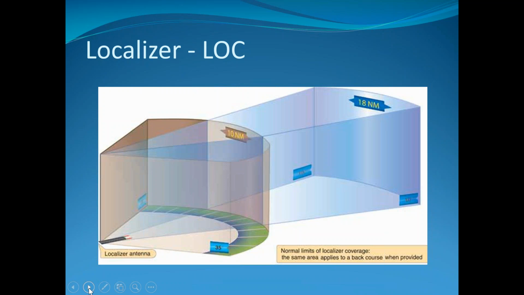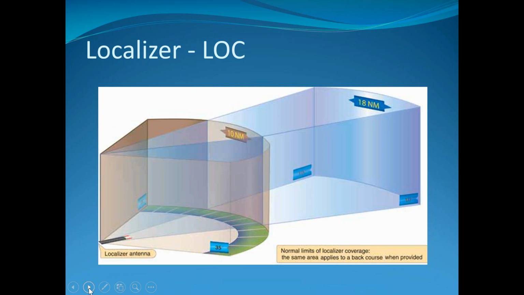As is common with any type of ground-based navigation, a lot of times different elements of it don't work. So if you have an ILS that has the glide slope out of service, then that ILS suddenly becomes just a localizer approach only. It turns itself from a precision to a non-precision approach. But even if the full ILS is working, you can still use just the localizer portion if you wanted to.